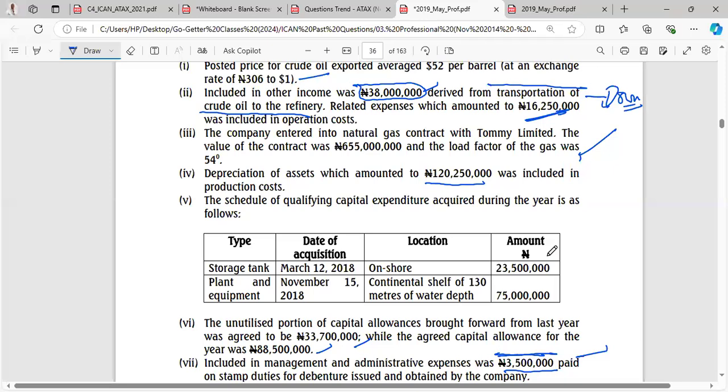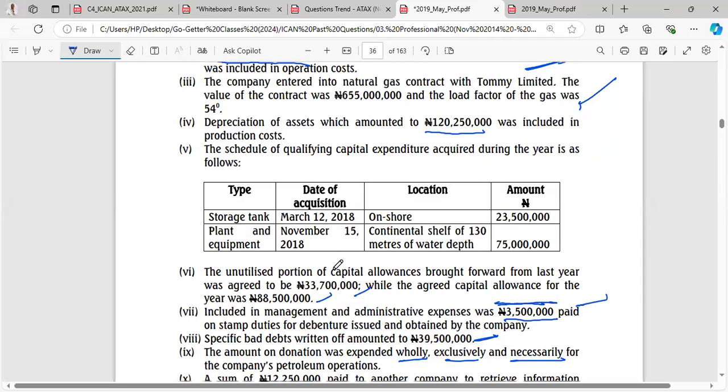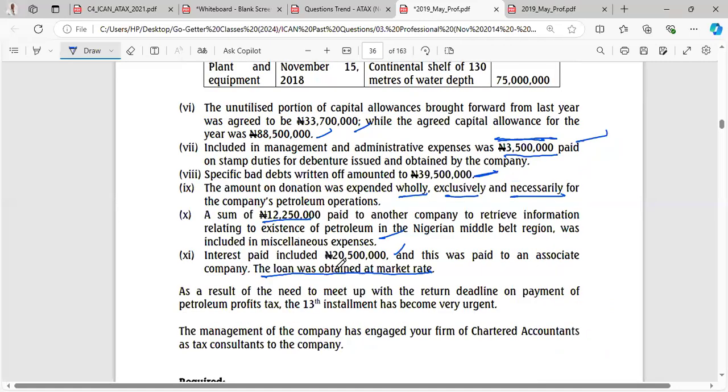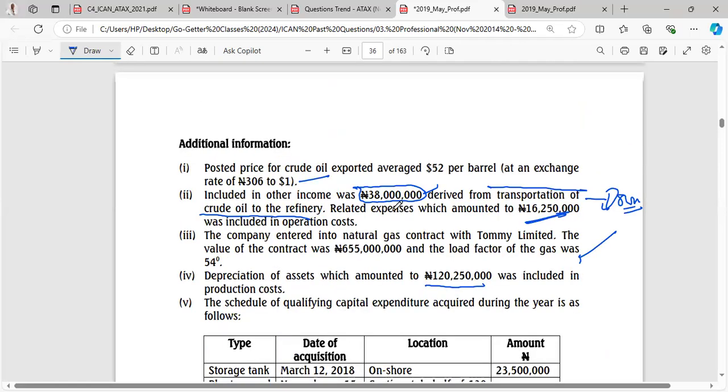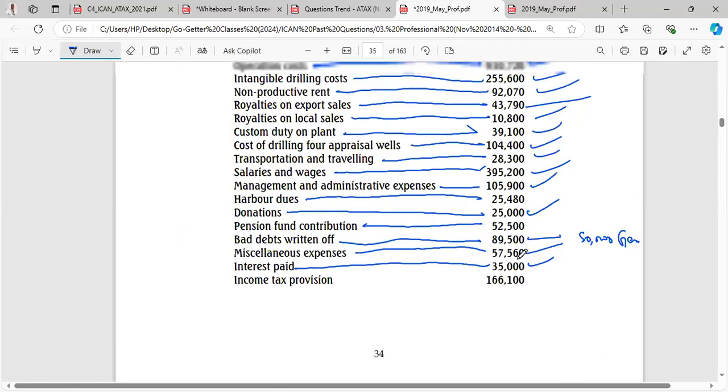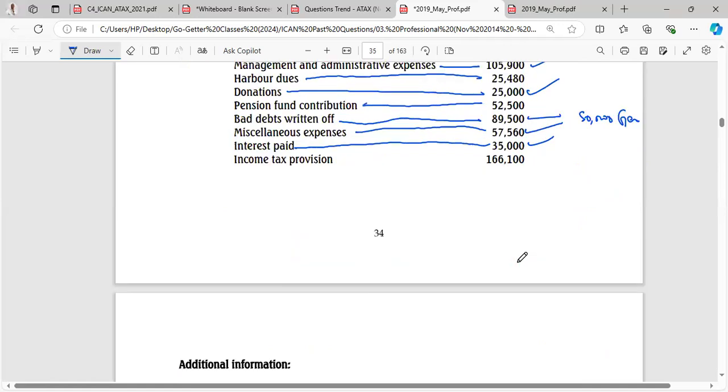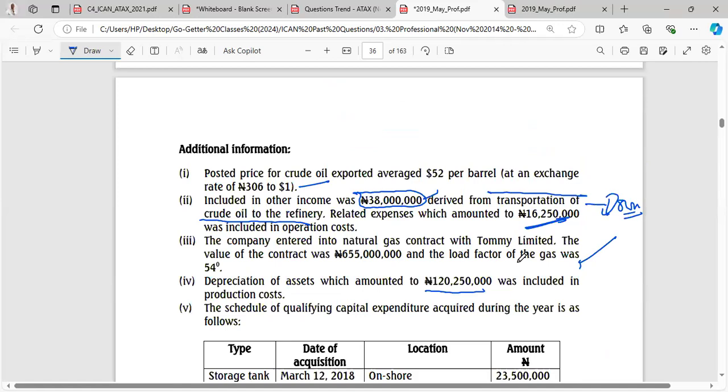For annual allowance, normally if they give you a list of assets, I did something for you the last time where you bring the reporting year, which is 2018, and you just minus 4. So 2018 minus 4, 2014.